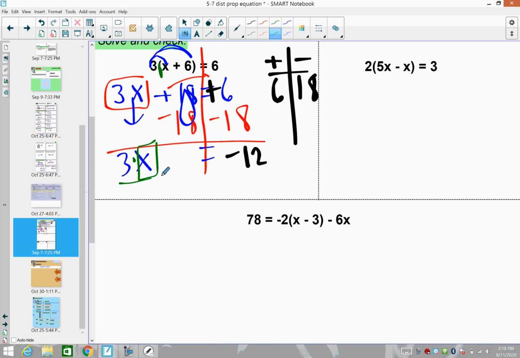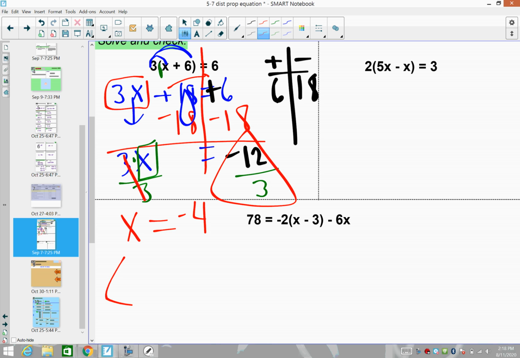So we're going to divide by 3, copy, paste. We know 3 divided by 3 is 1, so we get x equals, and this is a triangle problem here, of negative 4 because we have a positive 3 and we have a negative 12, which results in a negative, and 12 divided by 3 is 4.